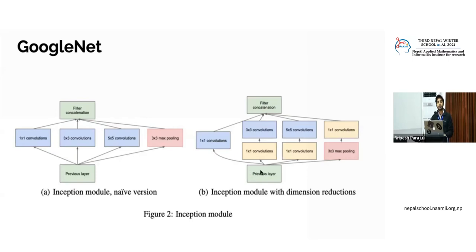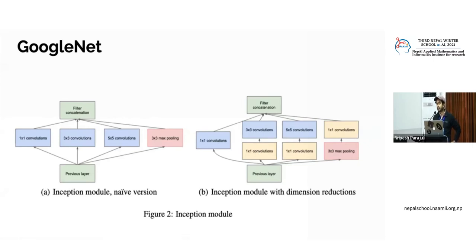Ultimately, because it's really expensive to do a lot of these 3x3 and 5x5 convolutions, they first do a 1x1 convolution to do dimensionality reduction. Now can anybody tell me how you would do dimensionality reduction with this?